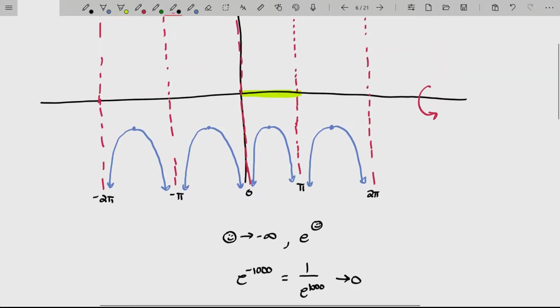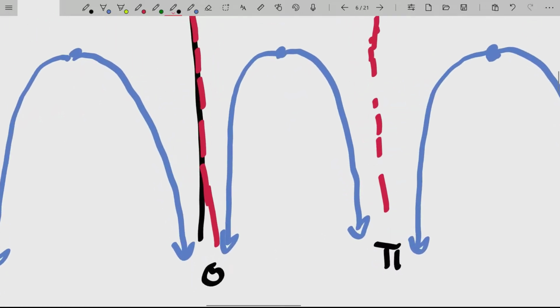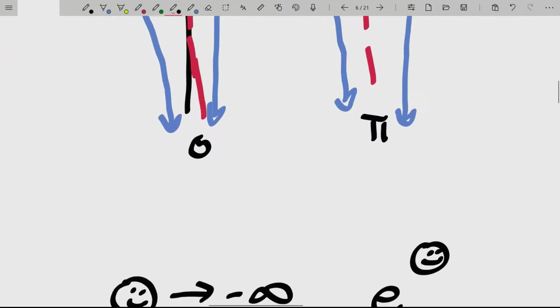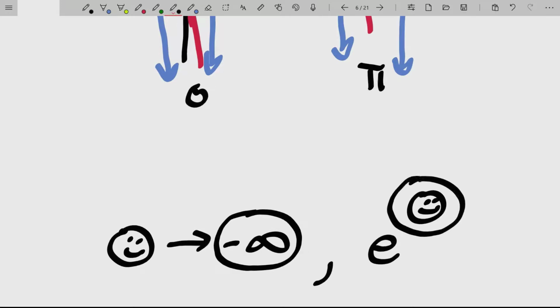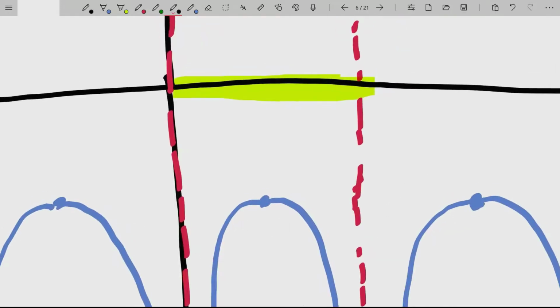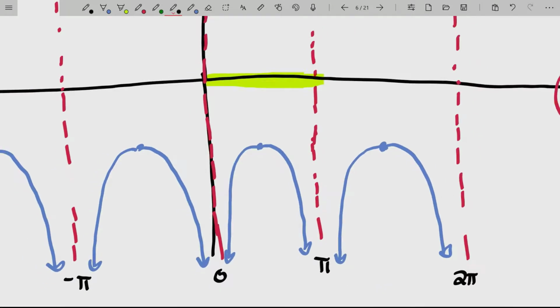So whenever these y values are going to negative infinity, our e to those y values is approaching 0. Near these vertical asymptotes, our e to the blue ink is approaching 0.